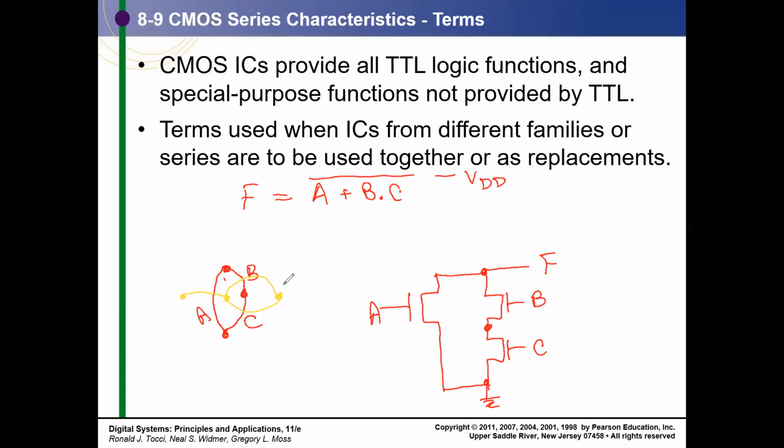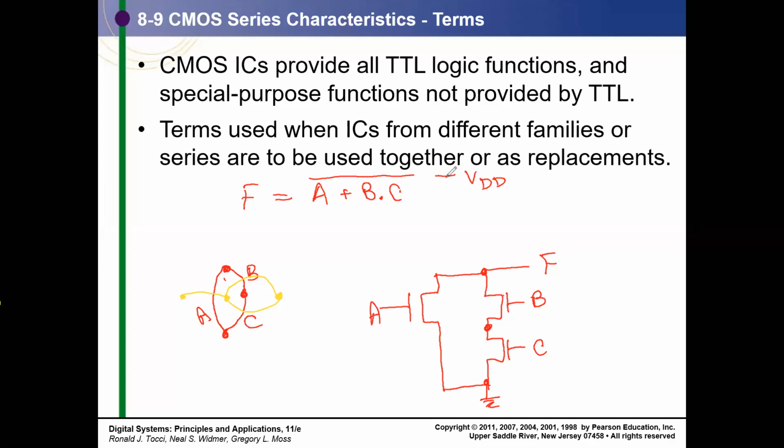Another question is whether this end should be connected to VDD or this end should be connected to VDD. One end has to be connected to VDD, another end has to be connected to the output. The node which has the maximum branches getting connected should be connected to VDD.